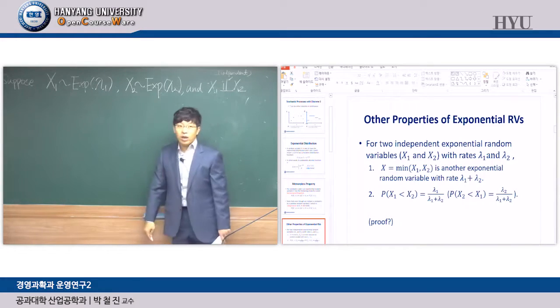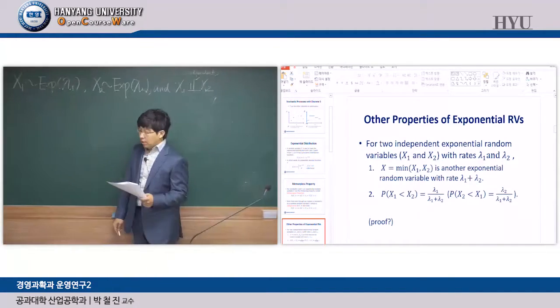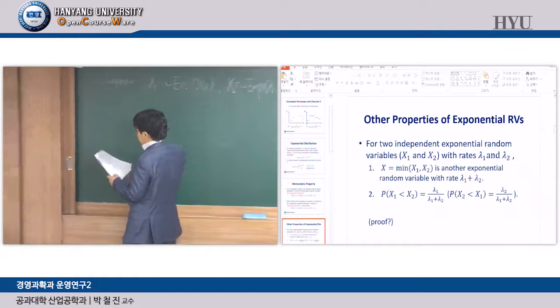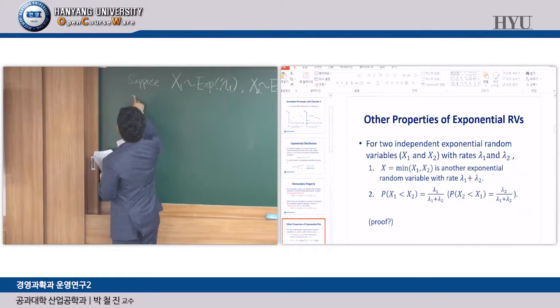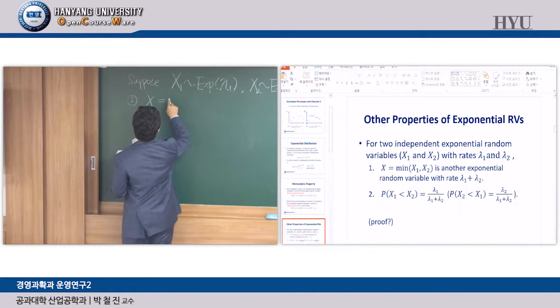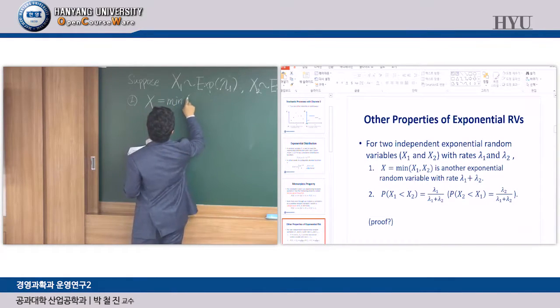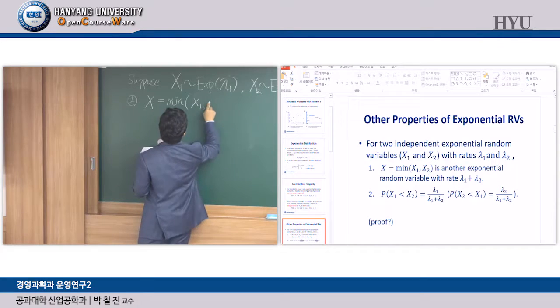We have such a condition. Then first we would like to figure out the distribution of X equals the minimum of X1 and X2.